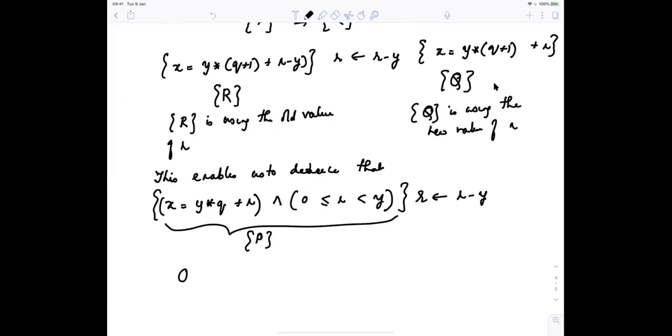The q then becomes x is equal to y star q plus 1 plus r.